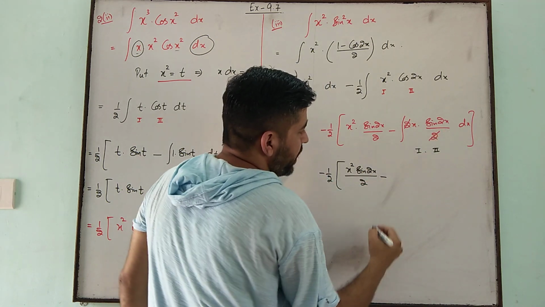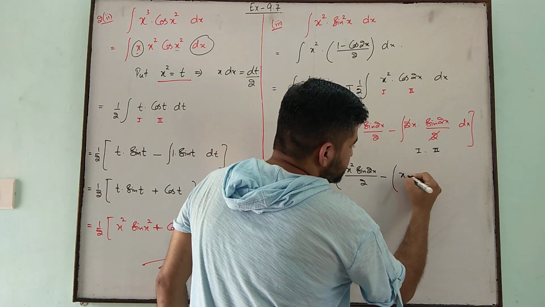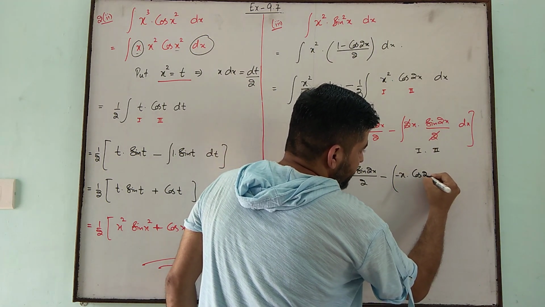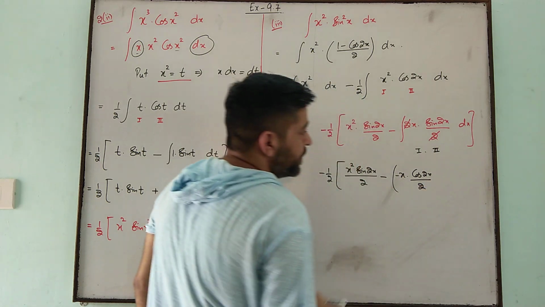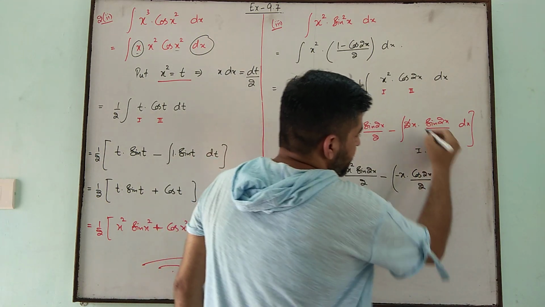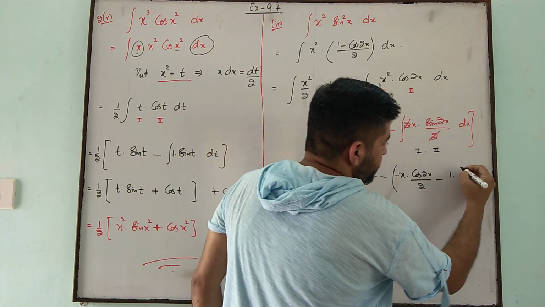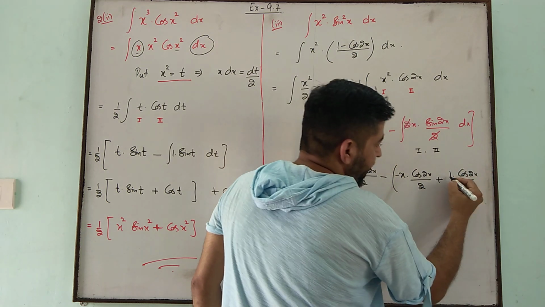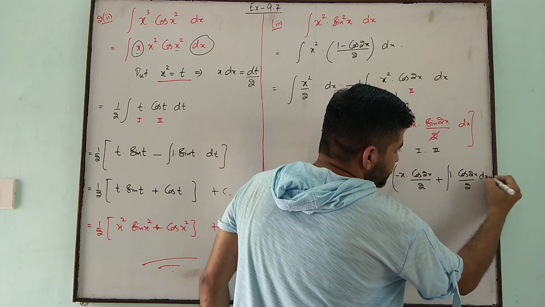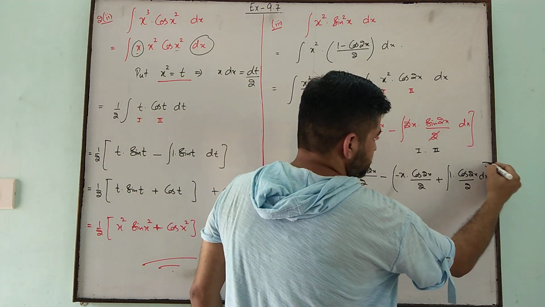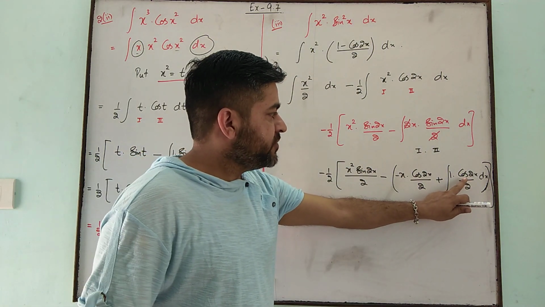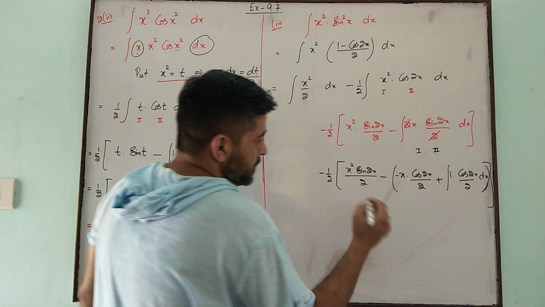this is u into v you have to apply, that is x as it is, integral of sin 2x is minus cos 2x upon 2, minus x1 for sin 2x minus cos 2x upon 2, and in multiplication its integration. Now we have a single function, we can integrate it simply.